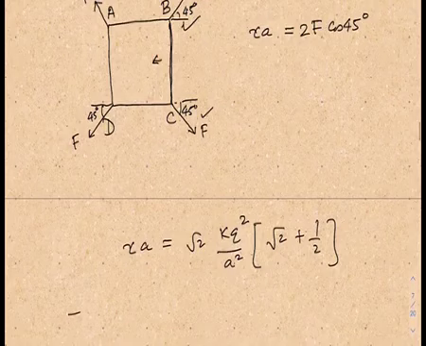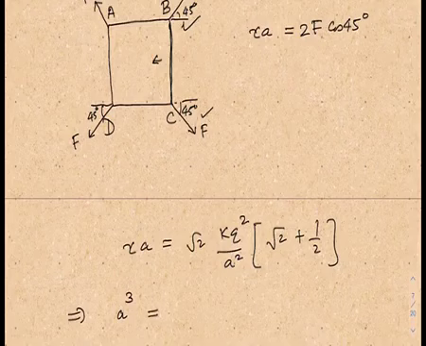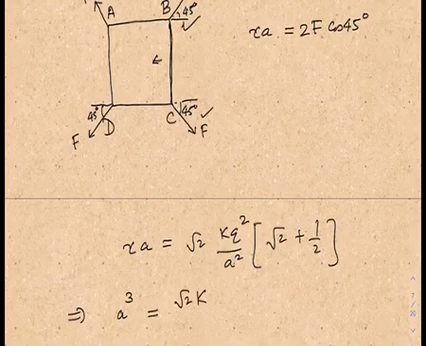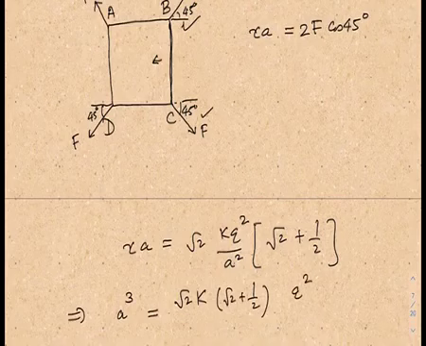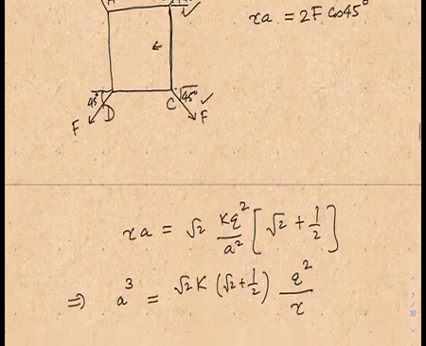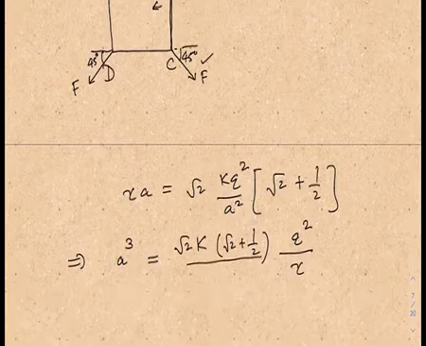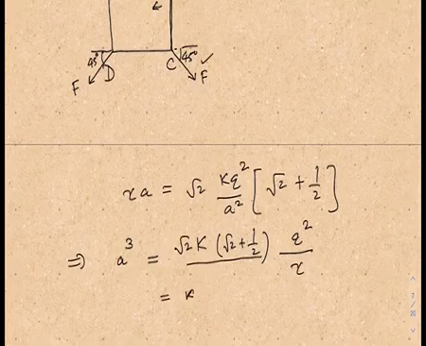So I have to find the expression for A. If I take it this side, this would be A cube, and you will have root 2 plus half, then you have kq square by gamma. So this is a constant term, as given in the problem, the small k, q square by gamma.